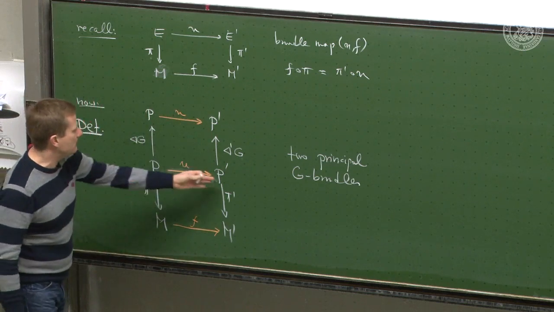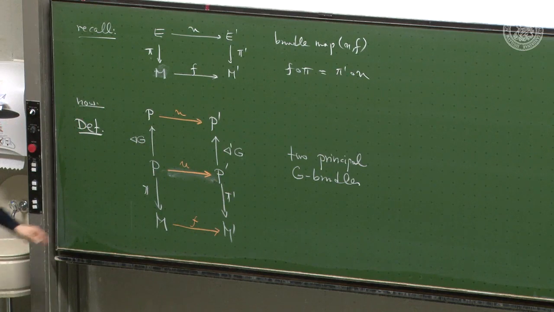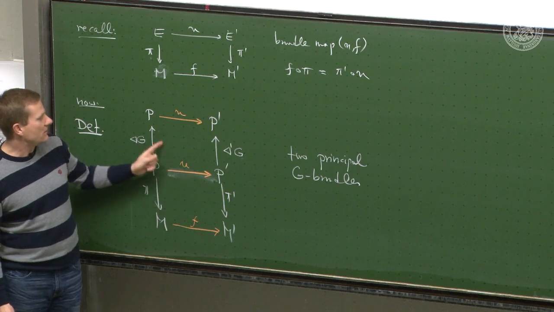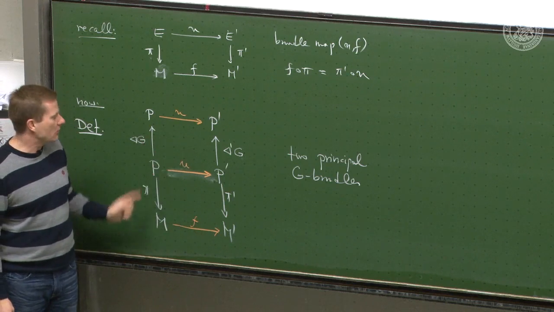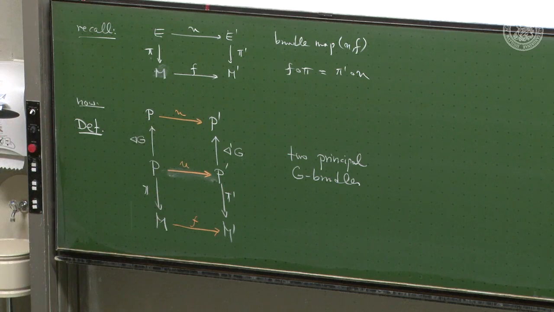Well, between P and P prime there's a U. Well, let's repeat this U, but there is now not only compatibility down here, but there's also compatibility up here, so we want this entire diagram to commute. It's the only natural thing to do, right?